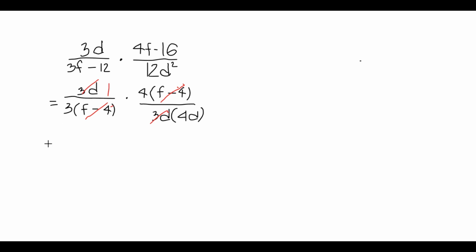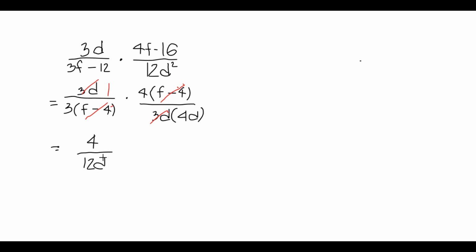Then we can directly multiply the two expressions. We multiply 1 times 4, divided by 3 times 4d, which becomes 12d.